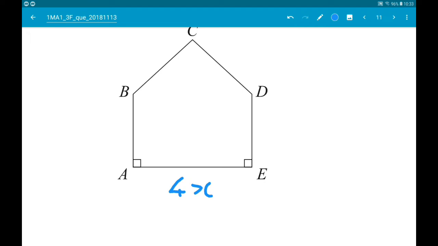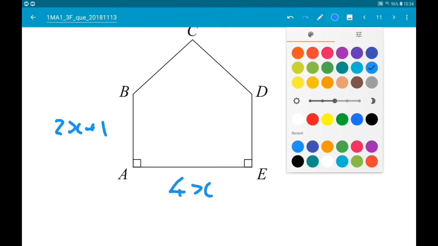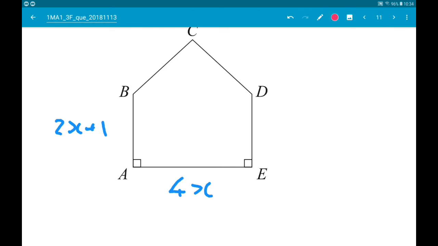So that is that guy there. Now because we know we have one line of symmetry, the line of symmetry is going to be down through the centre.